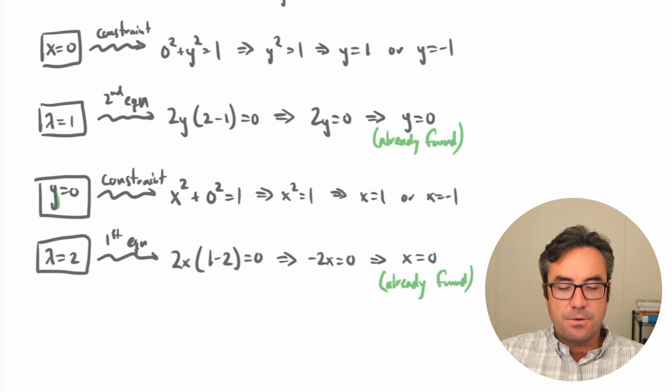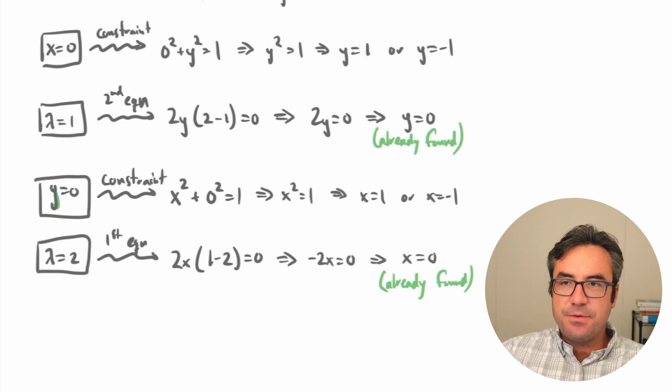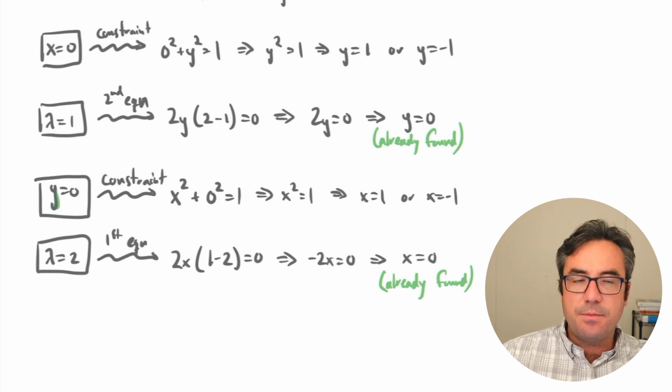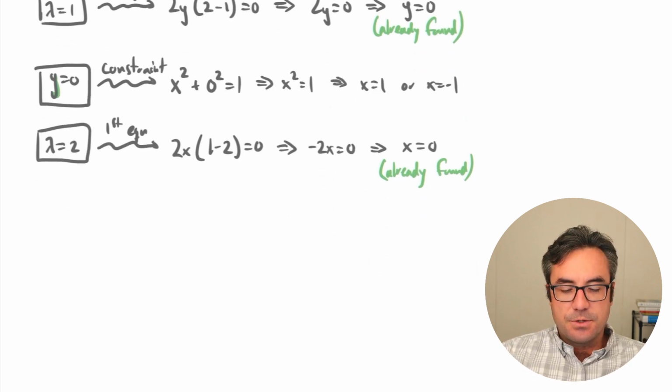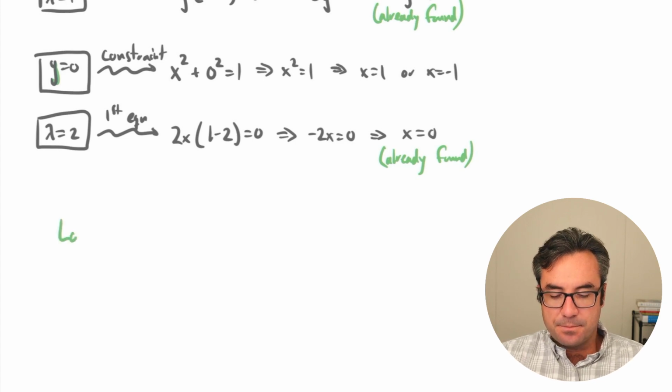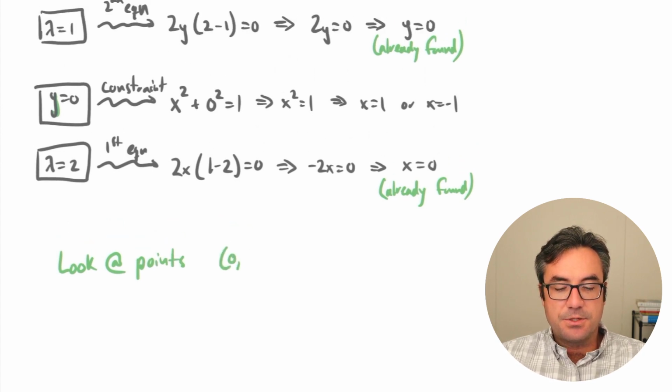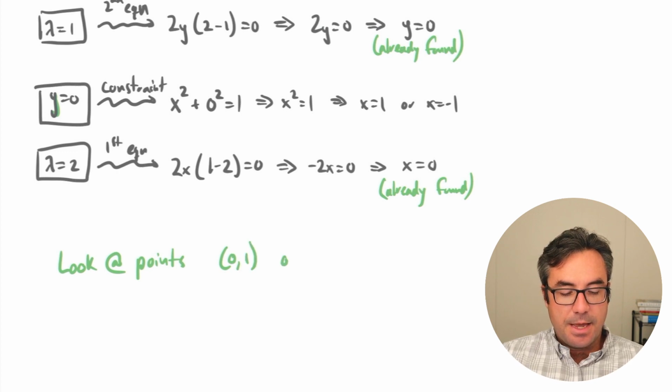All right, so if we're looking at this, the main things we found came from the x equals 0, and that gave us 2 points. And then also y equals 0, and that gave us 2 points. So now we just want to actually consider what the min and max values are. So we want to look at the points 0, 0, 0, 1, and 0, negative 1.